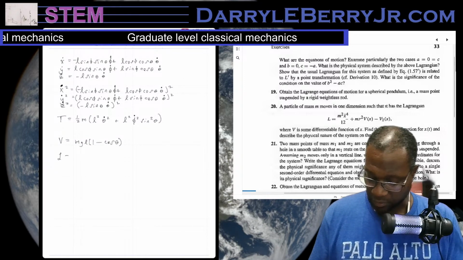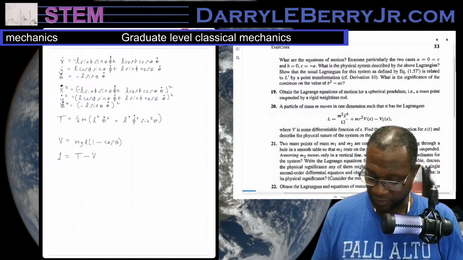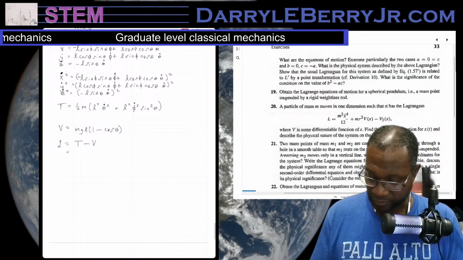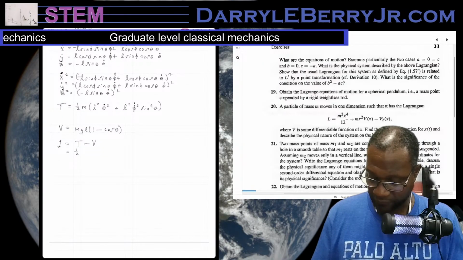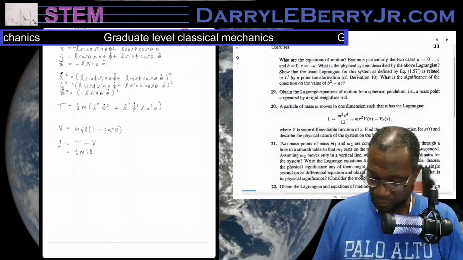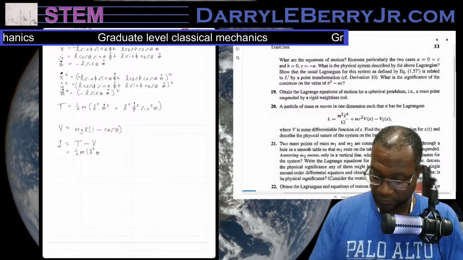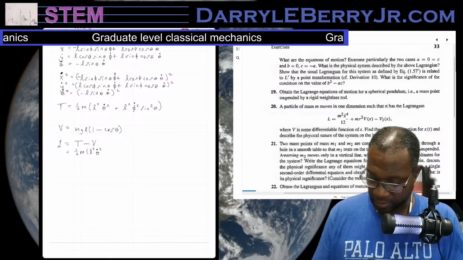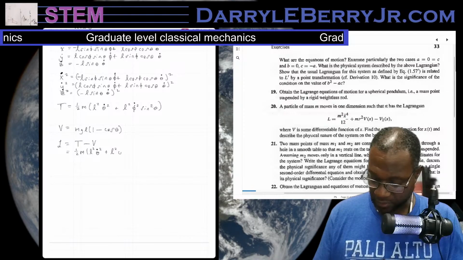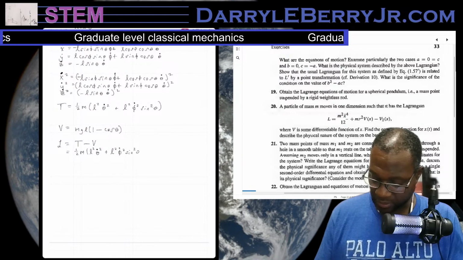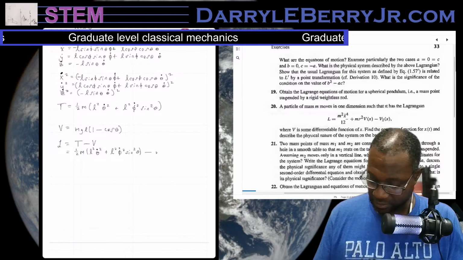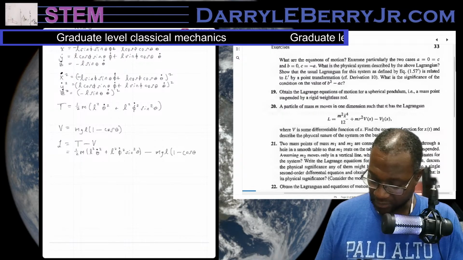The Lagrangian is going to be T minus V. So it's going to be 1/2 m times L squared theta dot squared plus L squared phi dot squared sine squared theta, minus mgL times 1 minus cosine theta.